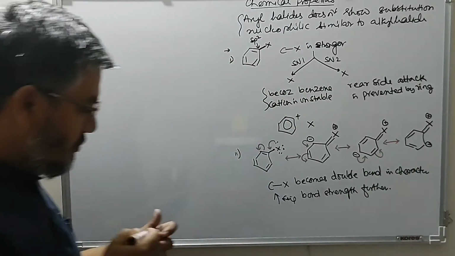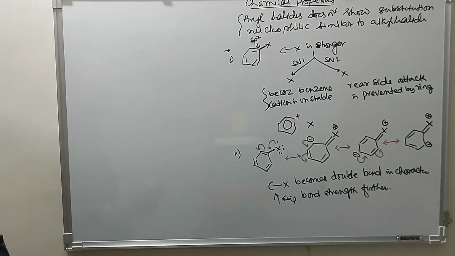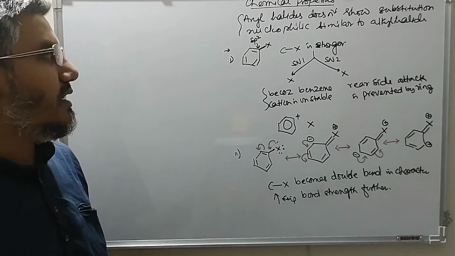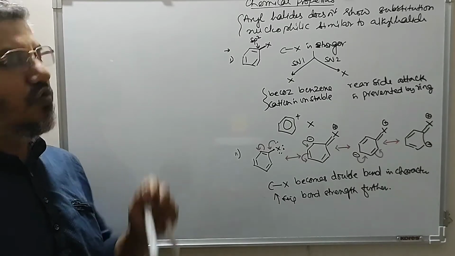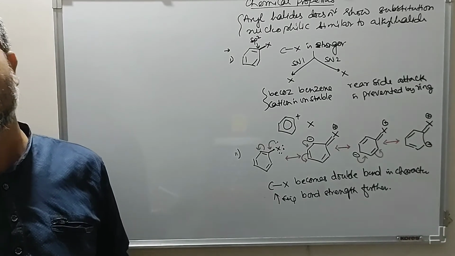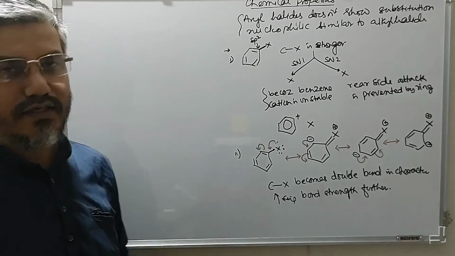Hence, because of this reason, these aryl halides do not undergo the normal substitution reaction as given by alkyl halides, but these do show substitution reactions under different pathways. So that we have to take up.